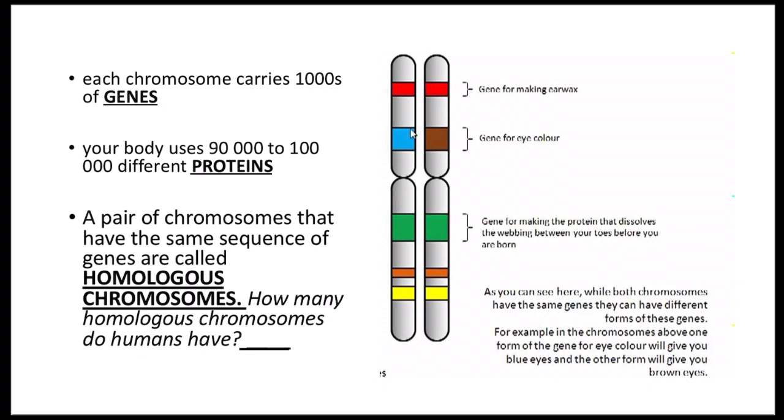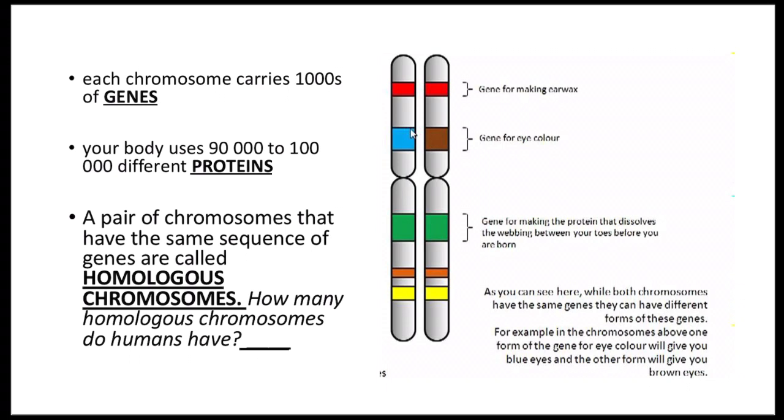We have 22 pairs that are homologous and one pair that is different, and that's the 23rd pair. The two chromosomes shown in the image are homologous because they carry the same information. You see the same type of gene on both of the homologous chromosomes.